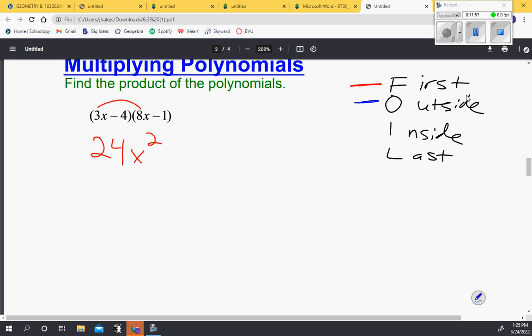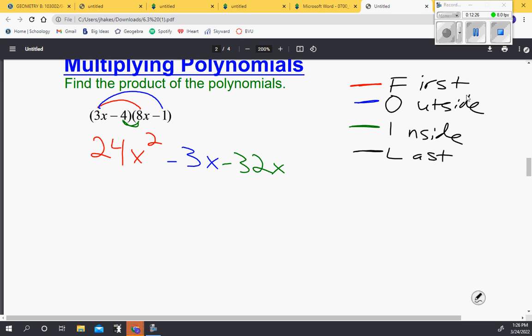Next is outside. The outermost things, the furthest away from each other. 3x times negative 1. 3 times negative 1 is negative 3. The x just tags along. Inside, the 2 closest to each other. Negative 4 and 8x. Negative 4 times 8 is negative 32. And the x, again, just tags along.